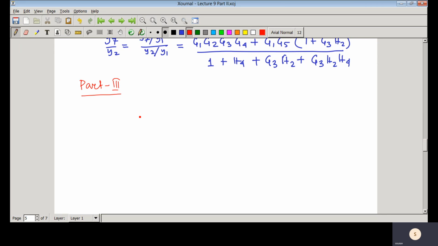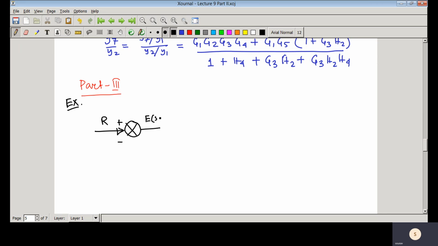Here we take one block diagram. This is one example. This is plus, this is minus.